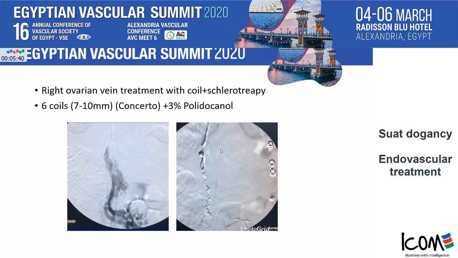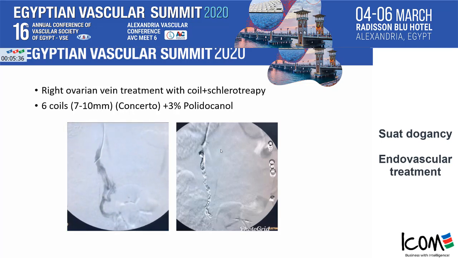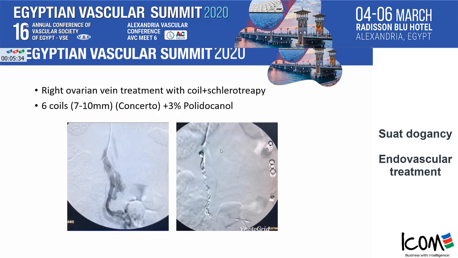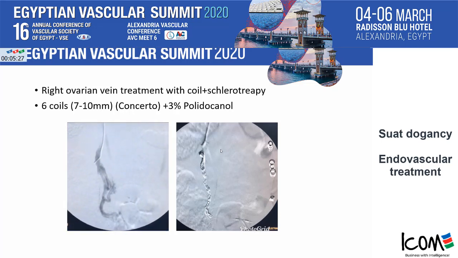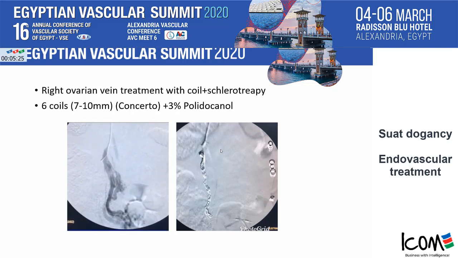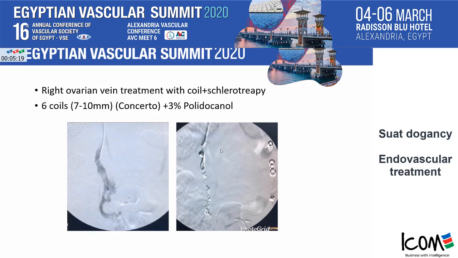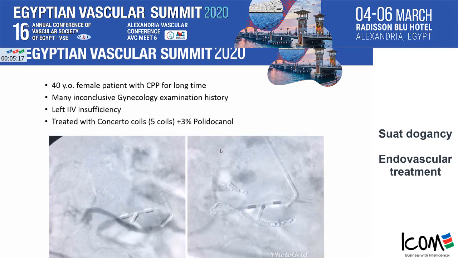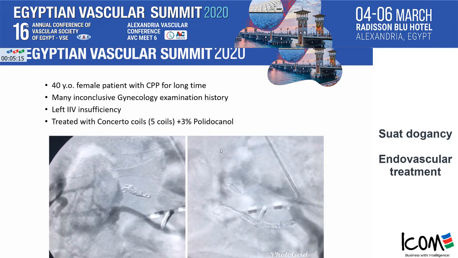These pushable coils have not migrated from the ovarian vein, but their places have changed. So I changed my practice to another type of coil. You have to anchor these coils in order to prevent coil migration.